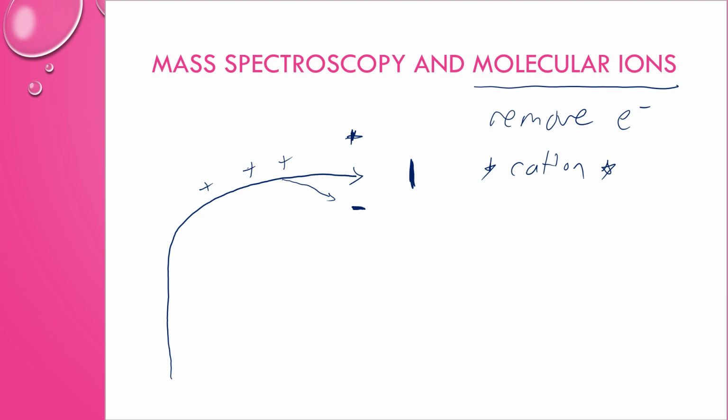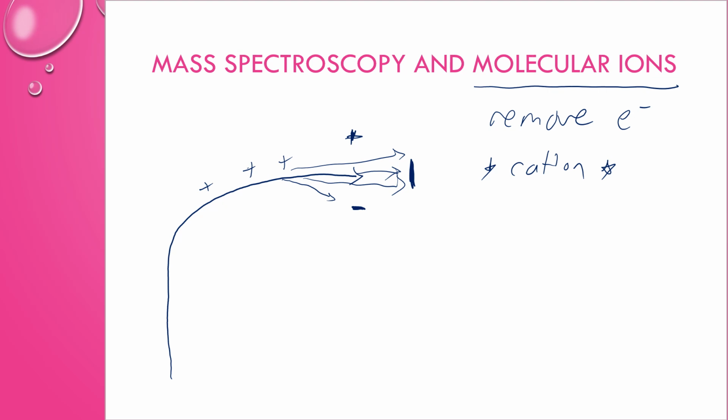This allows it to be separated by mass because heavier molecular ions won't be deflected as much by that magnetic field, whereas really lightweight molecular ions will be deflected a lot. So by the time the different pieces get to the sensor, it'll be separated by mass.